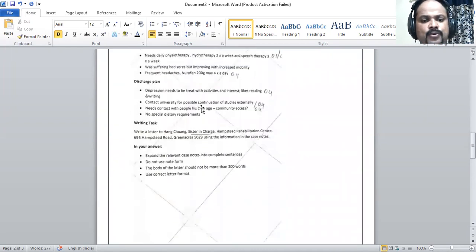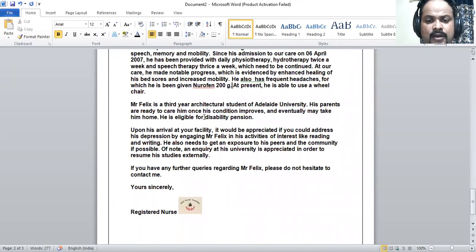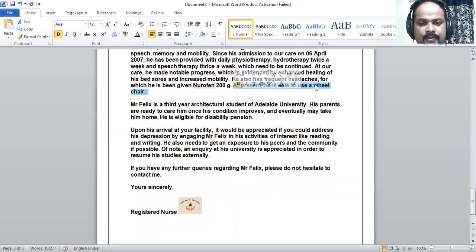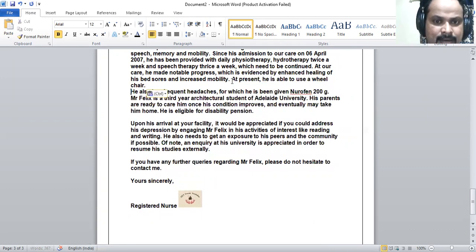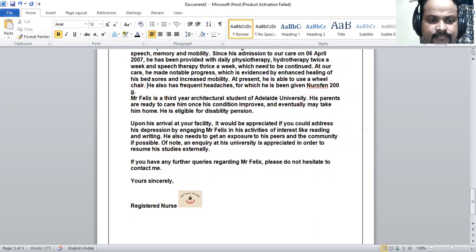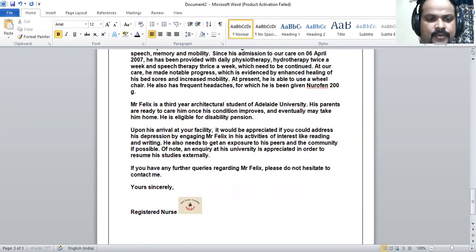Was given Nurofen 200. He also has frequent headaches for which he is given it. I can place it there.